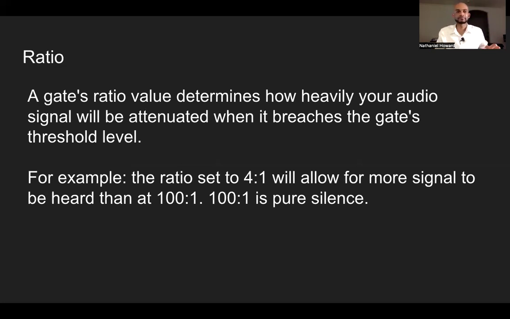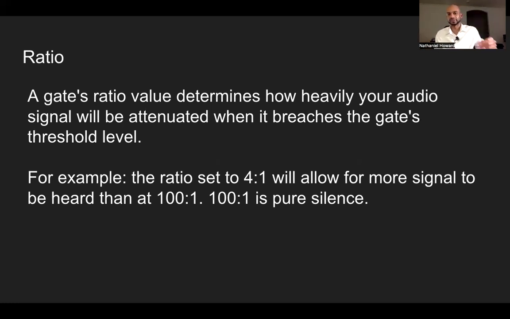Ratio is another one. The gate's ratio value determines how heavily your audio signal will be attenuated when it breaches the gate's threshold level. For example, the ratio is set to 4:1. Of course, there's math to a lot of these things. When you turn the knob, you see the different numbers.